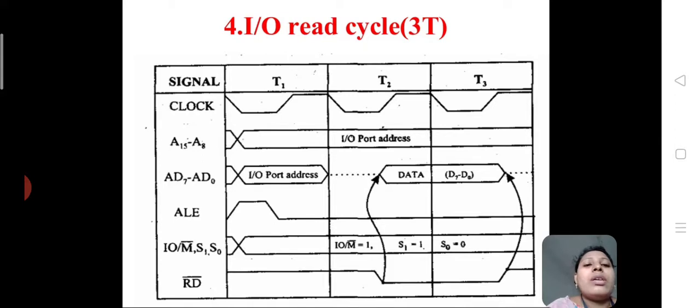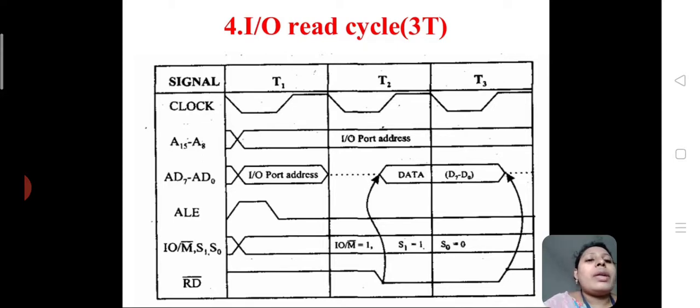Here we observe, in the last 2 timing diagrams, IO/M bar, S1 and S0. Here IO/M bar will be 1, because for an input or output read, IO will be 1 and memory will be 0. So it disables the memory and activates the input or output.